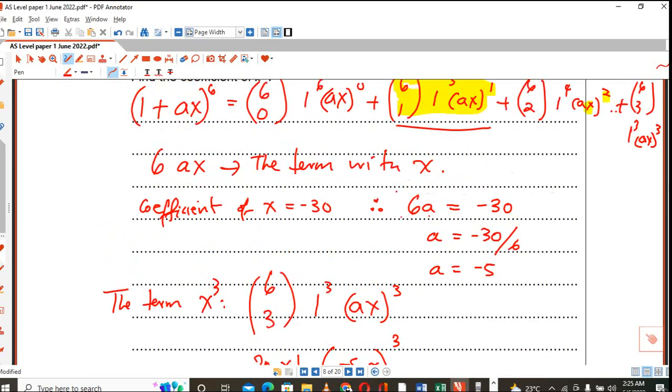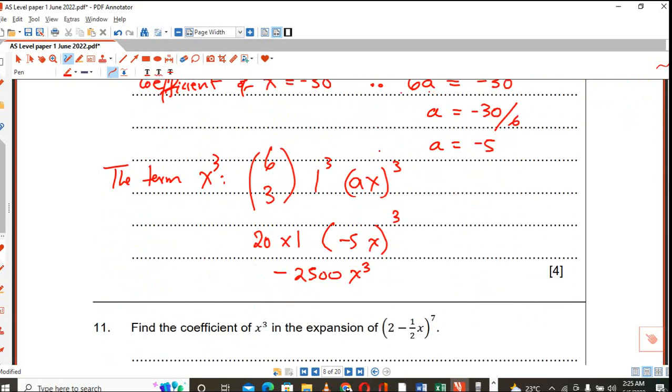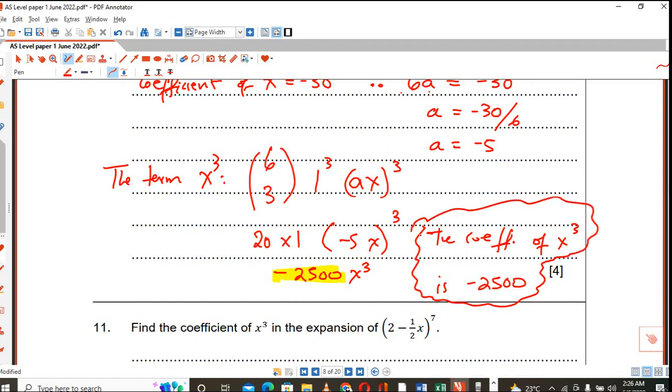Therefore, because the question is asking to find the coefficient, the coefficient of x cubed is minus 2,500. And that is how you solve that question.